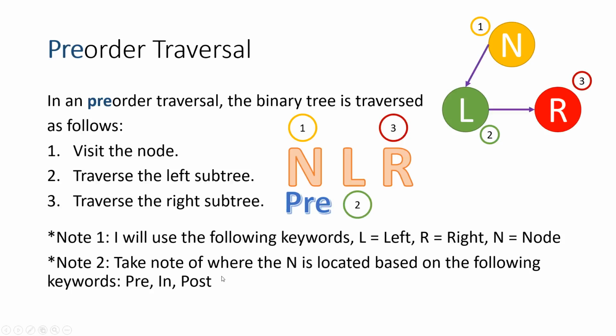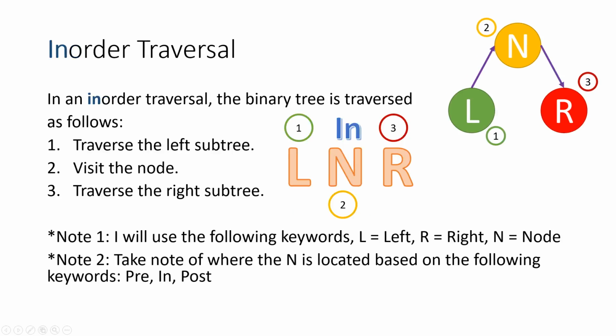I've also organized this PowerPoint in this specific order because, you'll notice, in the pre part we start with the node at the beginning. In the in part, the node will be in the middle, and in the post part, the node will be on the right-hand side, the very last thing. So let's go on to the next slide.